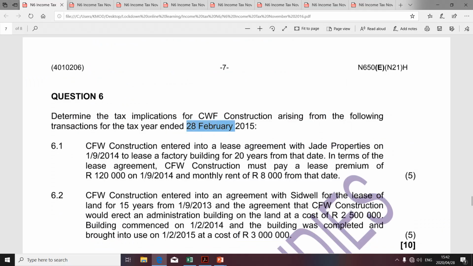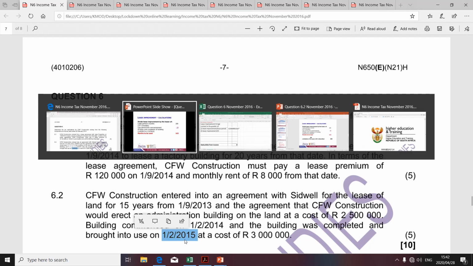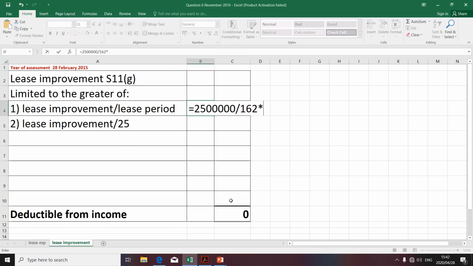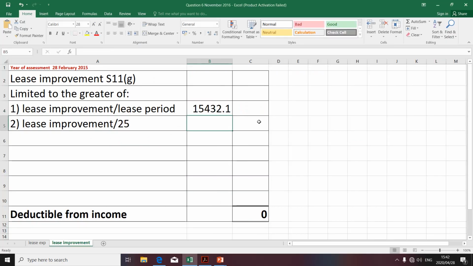Our current year of assessment ends 28 February 2015. It was completed and brought into use on the 1st of February 2015, so we're only going to take 1 month in that year of assessment. So I'm essentially going to multiply by 1. There you go.